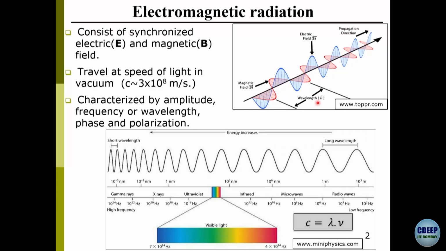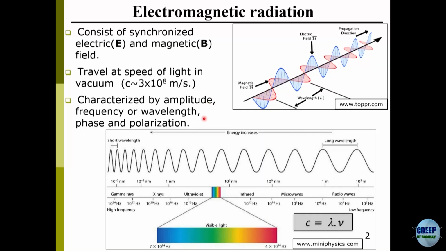And we just want to say that there's different characteristics of it. The characteristics are amplitude, which is to do with really the height of the wave, and that amplitude then links to the intensity of radiation, right?